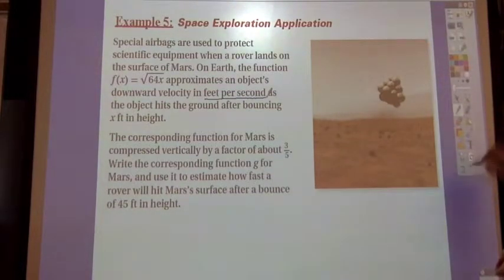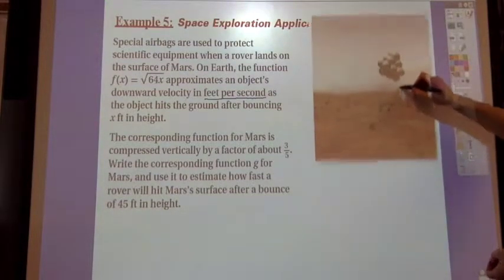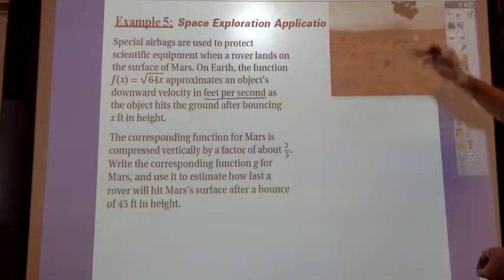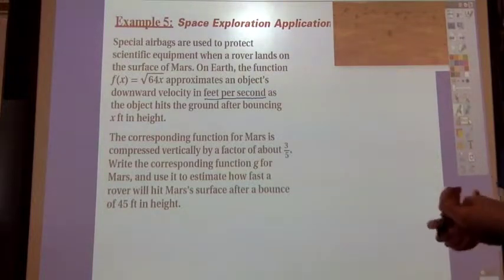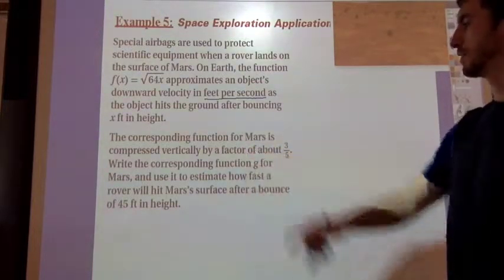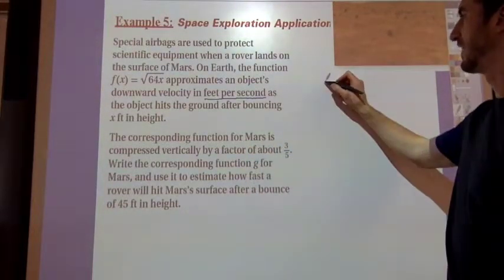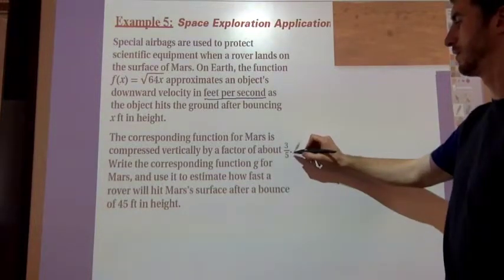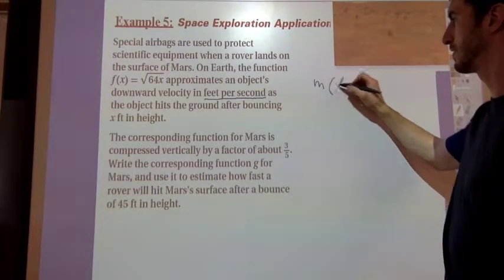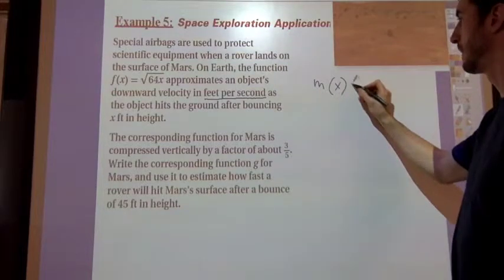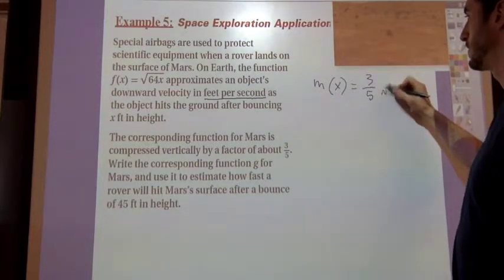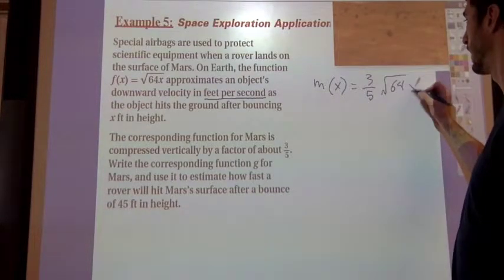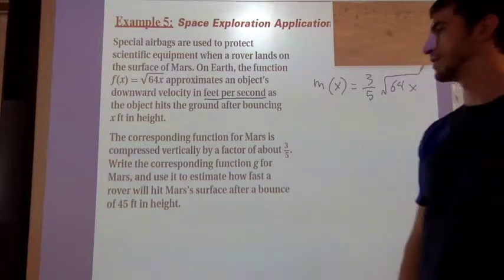So they gave us the function of velocity after a bounce on Earth, but on Mars, you've got to multiply the whole thing by 3/5. So I'll say m of x, because Mars starts with an m, equals 3/5 times the square root of 64x. That's our little Mars equation.